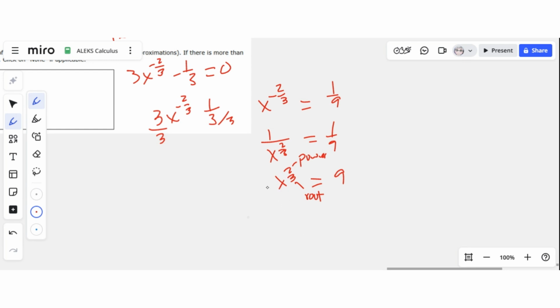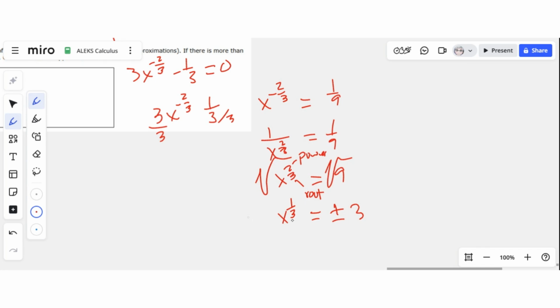To undo squaring, I'm going to take the square root. When you take the square root of something, you get a positive and a negative. In this case, the square root of 9 is 3. And here, we've undone the second power, so we've just got x to the 1/3. Now, to get rid of the x to the 1/3, I need to cube both sides.